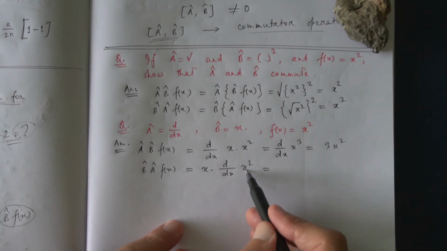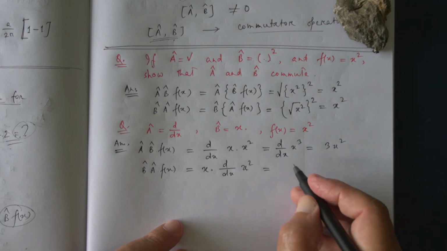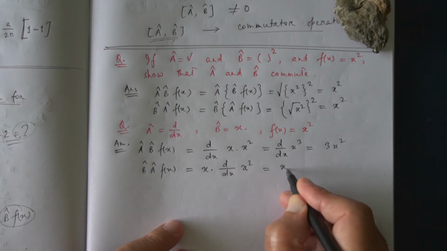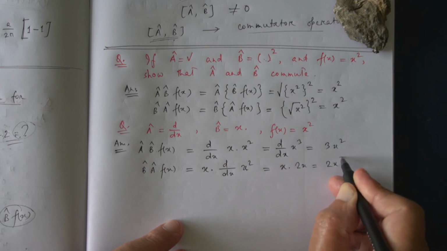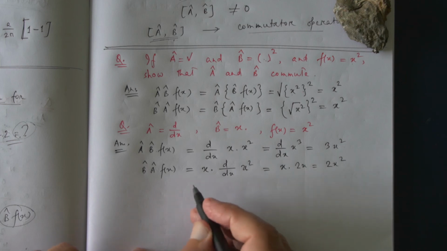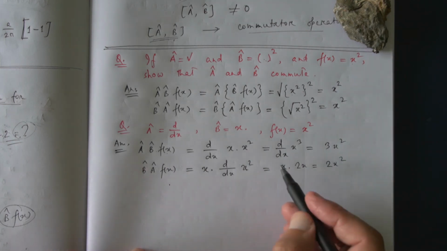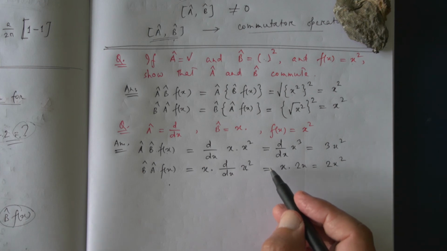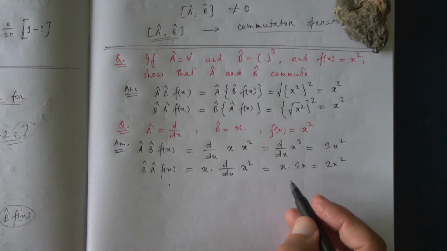So this is x into 2x, that is equal to 2x square. This is not equal to this, so A and B do not commute.